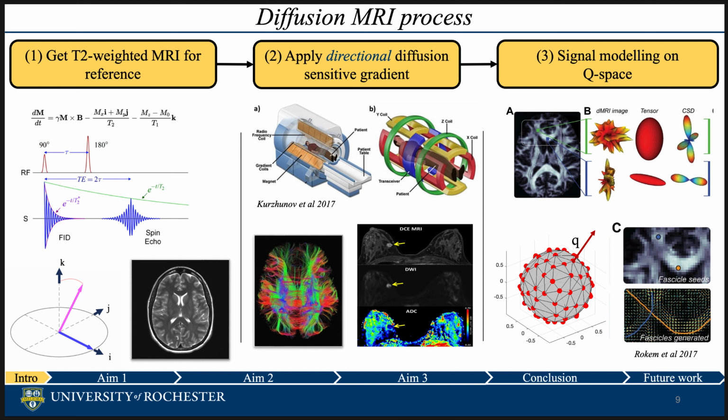And as we apply this directional diffusion sensitive gradient in different directions, we sample the directions on a Q space. This is a spherical space. The sampling on which this is taken is termed Q space. And then finally, the signal that we have for these different samples, we can model those signals on this particular Q space.